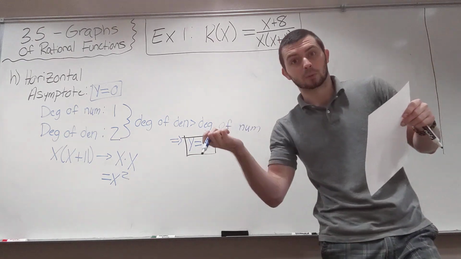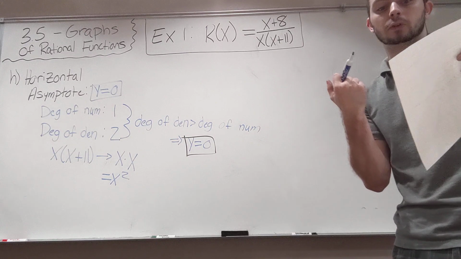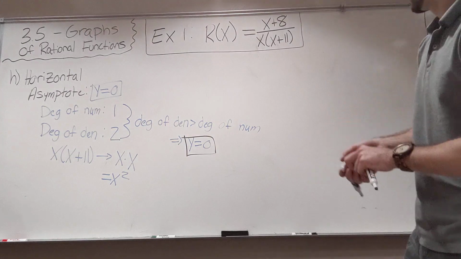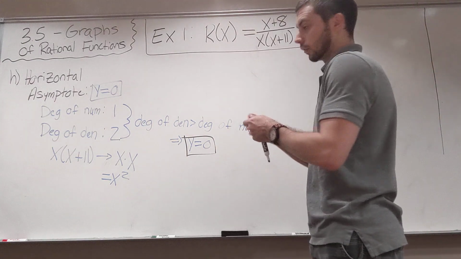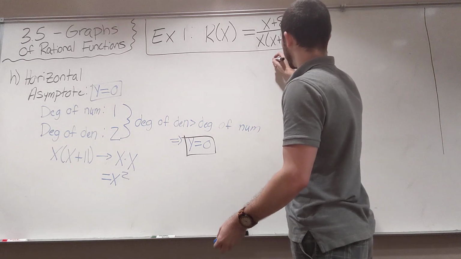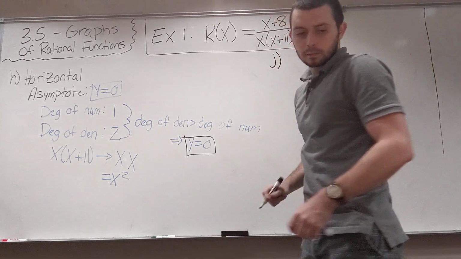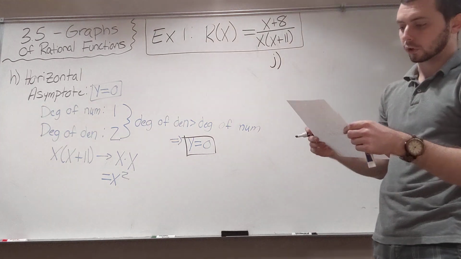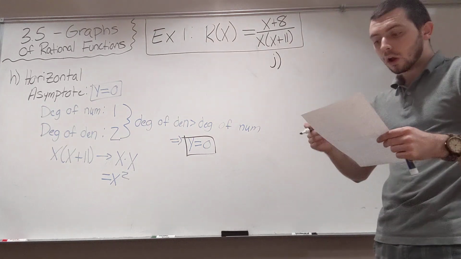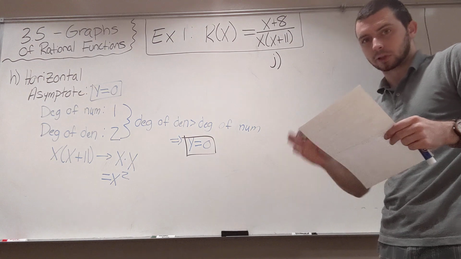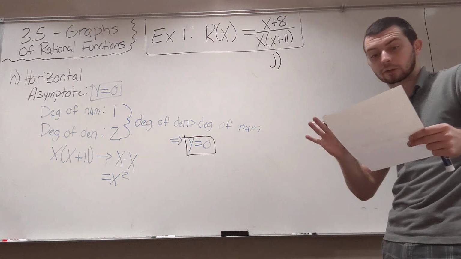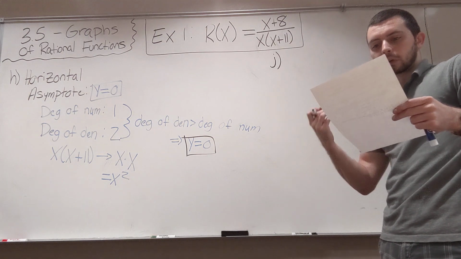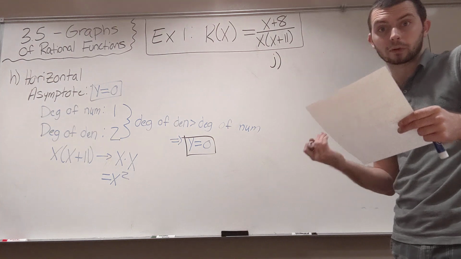So part I, I'm going to skip over and move on to part J. Part J says determine the points for which the graph intersects the horizontal asymptote. Again, we're going to ignore the oblique asymptote.